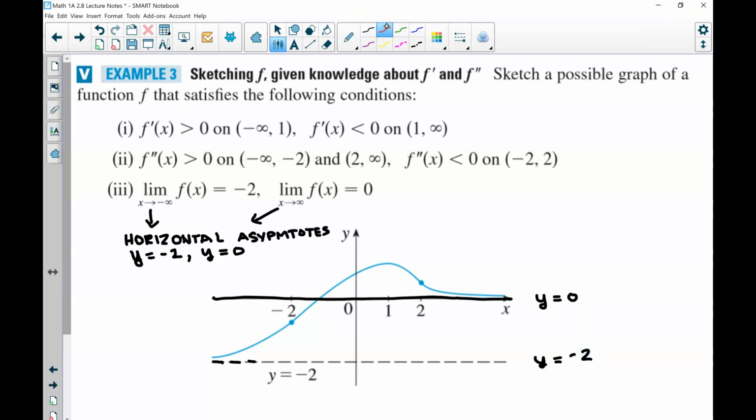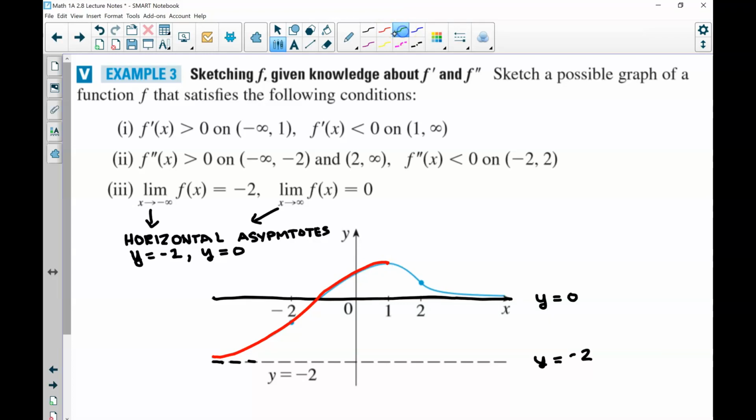All right, now we know that the first derivative is greater than 0, so the function is increasing from negative infinity all the way to 1.